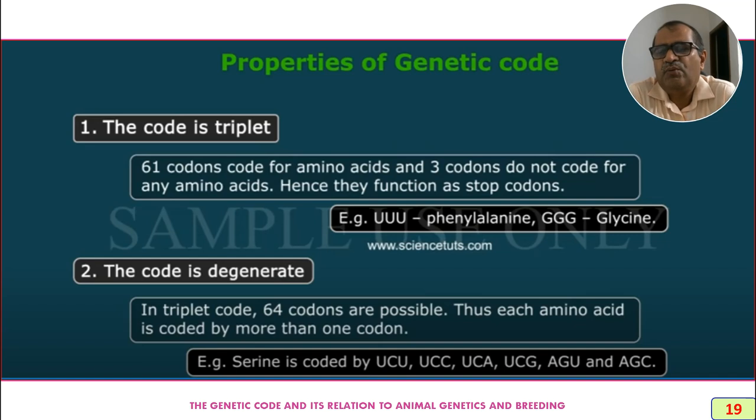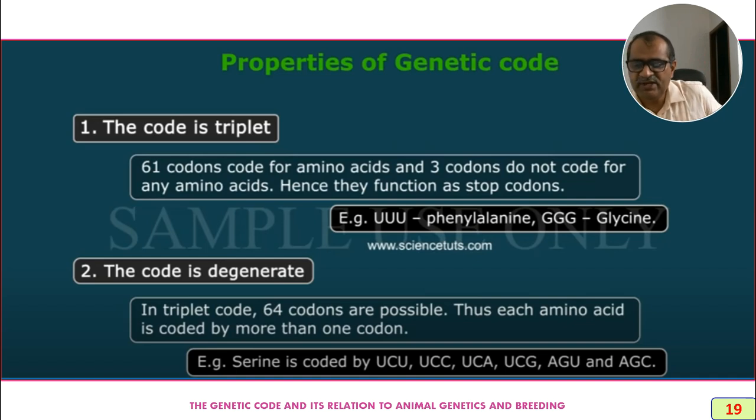And when we have the permutations and combinations of adenine, thymine, guanine, cytosine, uracil, etc., there is one stage where three uracils are there, and they synthesize phenylalanine, and three guanines produce glycine. And the code is degenerate, the second property.